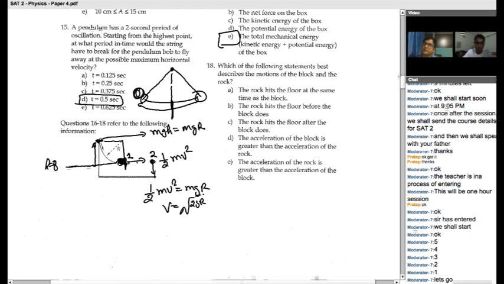At this point, both particles have their vertical component of velocity as 0. They will take the same time to come down because their vertical components of velocity are 0. So your answer is the rock hits the floor at the same time as the block. There is the answer.